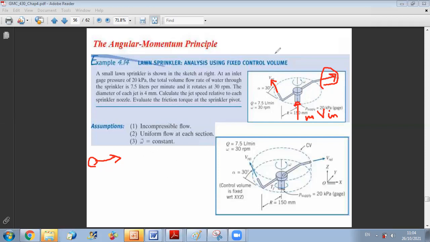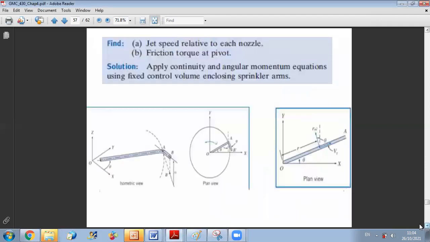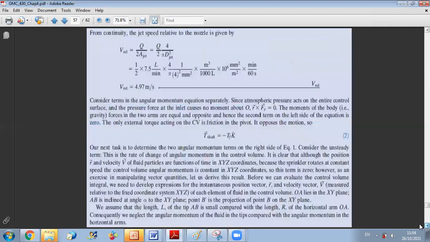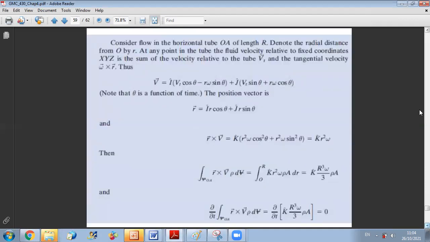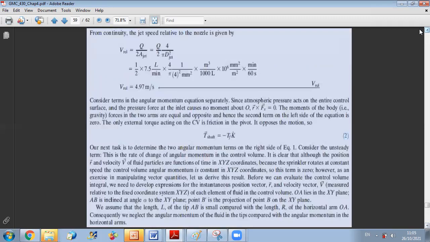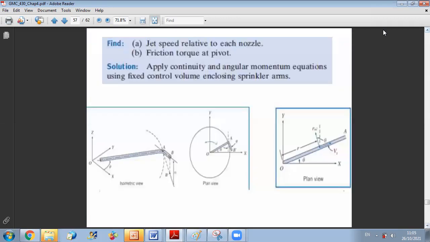Okay, so now first let us go back to the figure to see how to express the outlet velocity. This is the outlet velocity. If you remember, this outlet velocity is making an angle of 30 degrees with this direction.